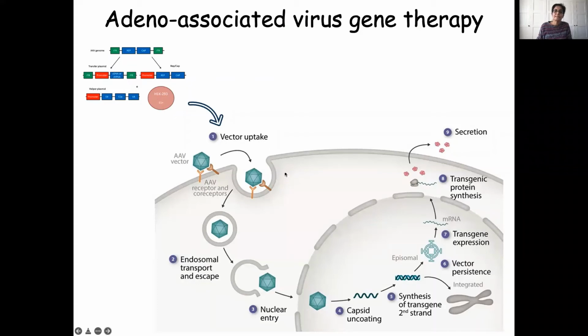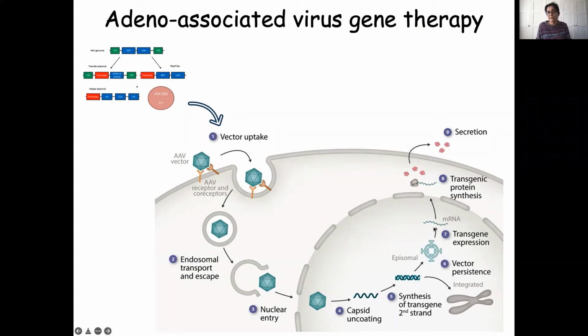The virus particle is taken up by the target cell, which enters the nucleus and introduces its DNA or RNA into the cell. It can either get integrated into the chromosome, which doesn't happen as much with AAV, or stay as an episome, which gets converted into messenger RNA.